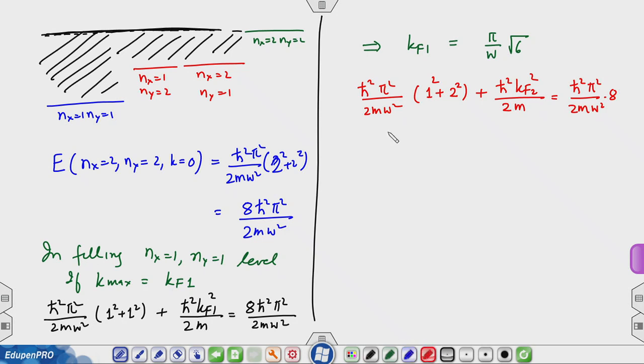And that gives you k f 2 is equal to pi root 3 over w. So, what we have found is when we fill the levels n x equals 1, n y equals 2, or the other one, then we have k f 2 equals pi root 3 by w, and pi root 6 by w when I fill the n x equals 1, n y equals 1 level, and this is to the level of n x 2 and n y 2. After that, that level will also start getting filled.